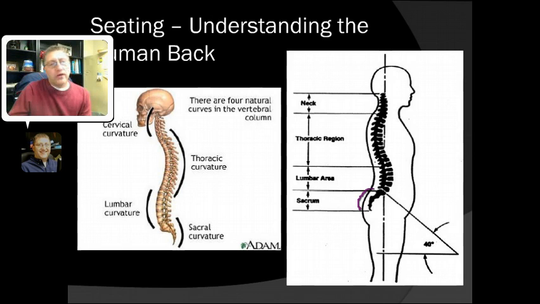It's curved out again. So you see you have all these curves in your back. Your back's not straight, and maintaining these curves helps support your body in the proper way. So understanding how those curves are impacted by your seated posture is what ergonomic seating is all about.